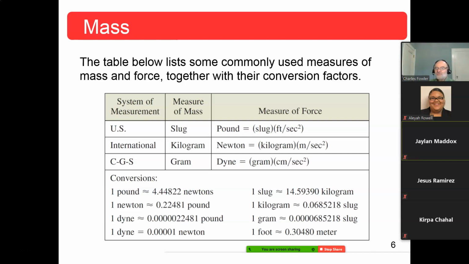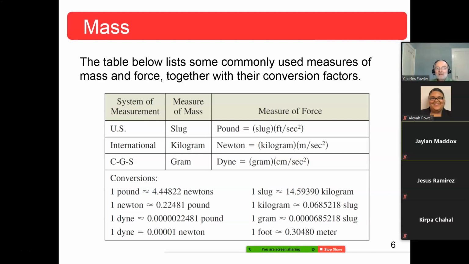Slugs, no one uses them at all, but if you were to use them, a slug is a pretty good sized mass because a kilogram is a pretty good sized mass, and a slug is more than 14.5 kilograms. A kilogram is a little bit greater than a 20th of a slug.